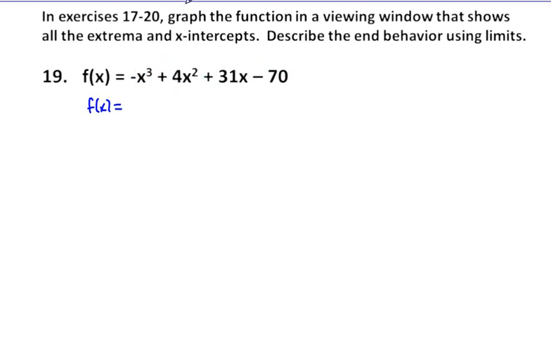Now it looks pretty good already. But we're not given a factored form, and so we can't see what the zeros are. So we're just going to find a viewing window, and to do that, we'll go to the calculator.